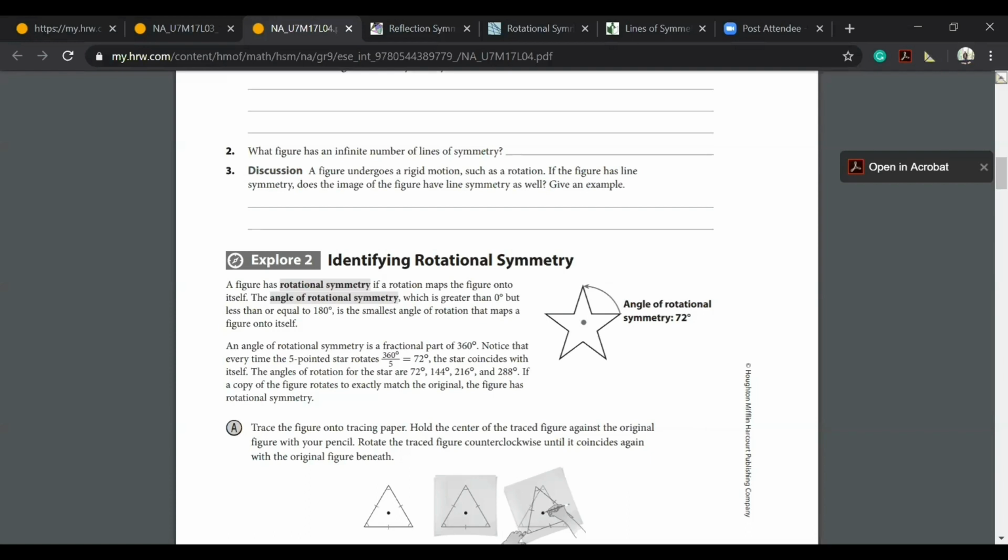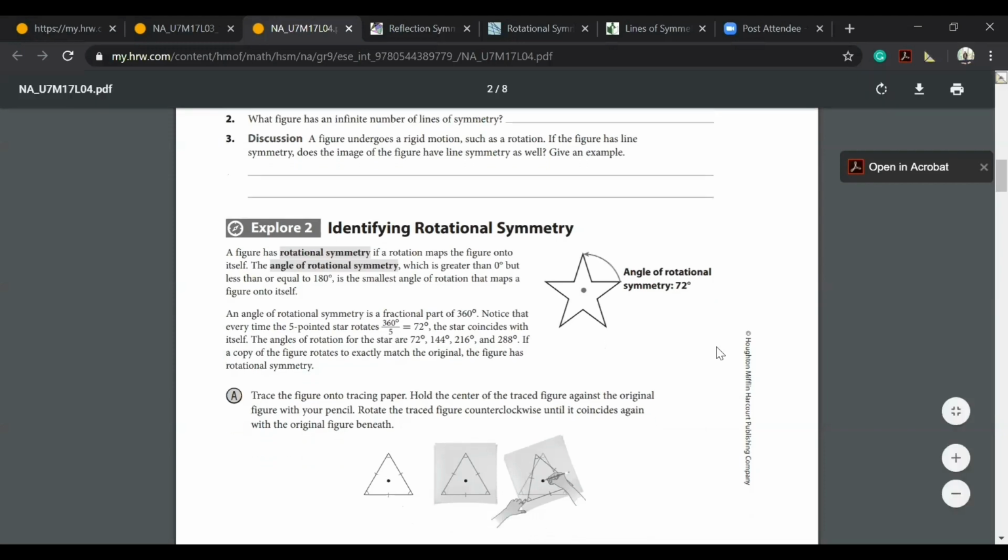Let's try it with the calculators. 72 multiply 2, it's 144 degrees. And then 72 multiply 3, it's 216. And then 72 multiply 4, 288. And then 72 multiply 5, 360. So the angles are all angles till 360.